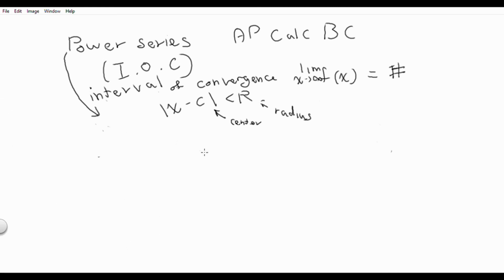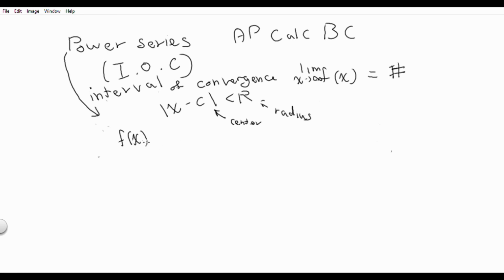Alright, next example. This time, we're going to be doing something different. We're not going to be given the geometric series. Not geometric, the power series. What we're going to do is we're going to be given just f of x.